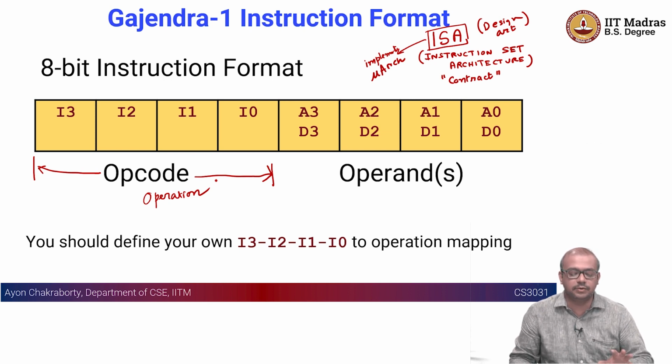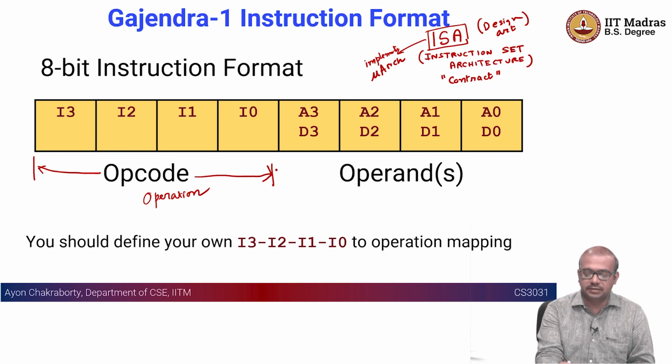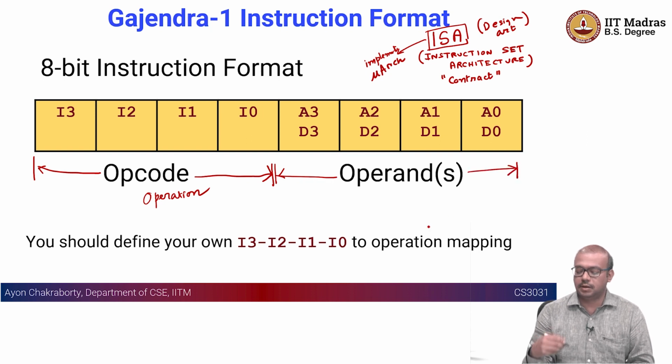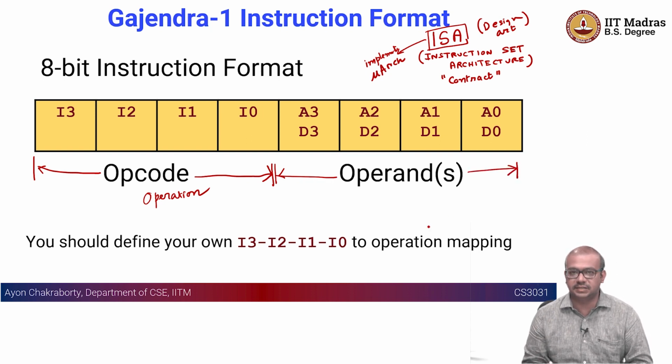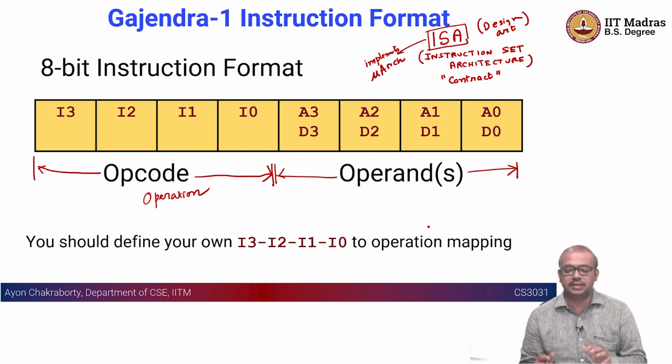So I can say the opcode 0000 means something, 0001 means add, 0010 means subtract, 0011 means move, move A to B. At the same time, you get 4 more bits to provide some signature. You can think of this, in a very constrained way, as a hardware function call.